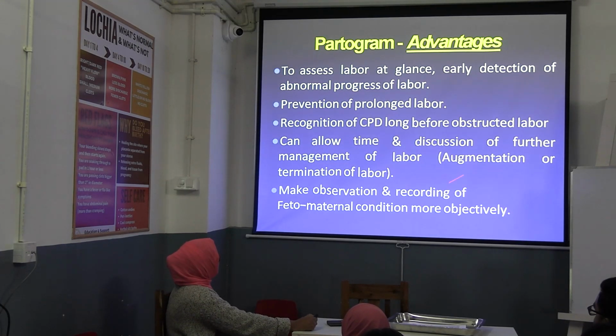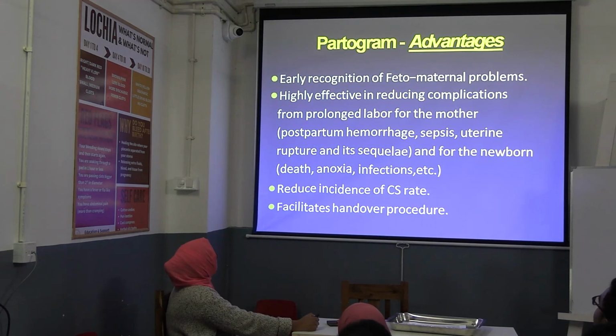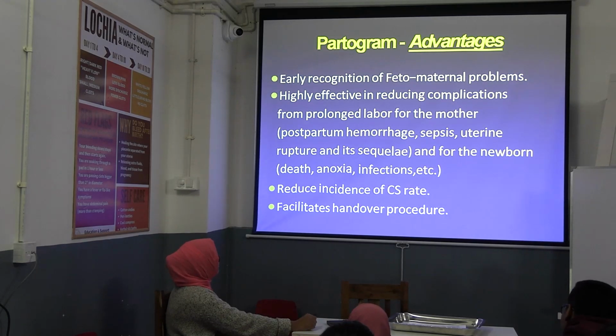Make observation and recording of fetal-maternal condition more objective. Early recognition of fetal-maternal problems is highly effective in reducing complications of prolonged labor for the mother, like PPH, sepsis, uterine rupture, etc., and for the newborn, death and infection. Reduce incidence of cesarean rate.